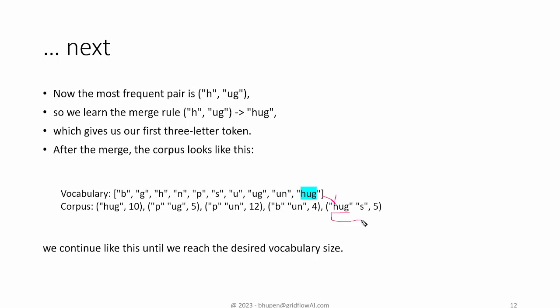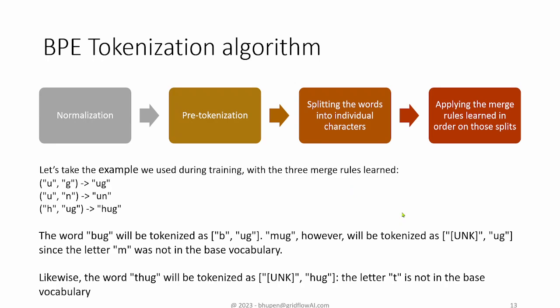So this word now consists of two tokens, HUG and S. This is pretty much what happens in byte pair encoding. Now let's say the training of the tokenizer recognizes UG, UN, and HUG as tokens, and you present a new word, let's say BUG.